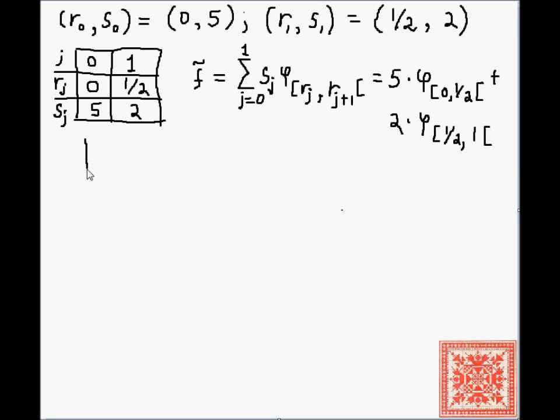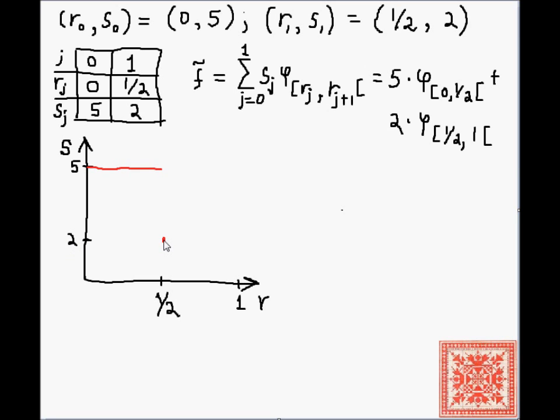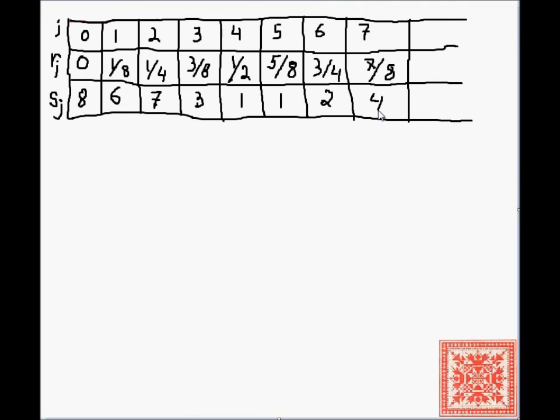And let's draw this graphically. From 0 to 1 over 2, excluding 1 over 2, we are at 5, and then from 1 over 2 to 1, we are at 2.